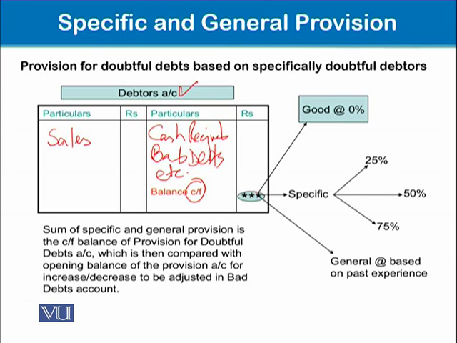So first step is that if we have any good debtor on which we are confident that these debtors will never get bad, what are those, by the way? Those are, in fact, the accounts receivable against which we have either a security with us or at the same time they are our accounts payable.